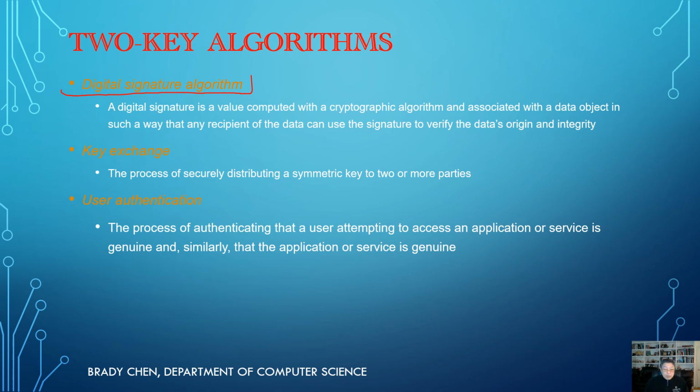So, using a digital signature, the signer of a data object uses the signer's private key to generate a signature. Then anyone in possession of the corresponding public key of the signer can verify the validity of the signature.